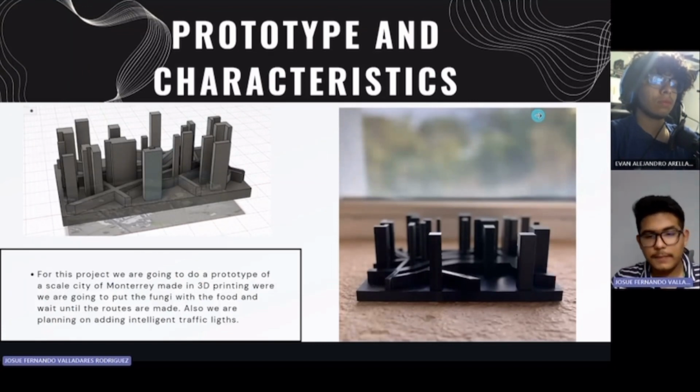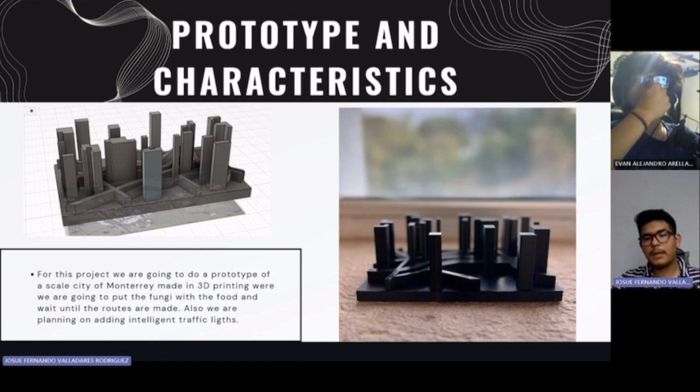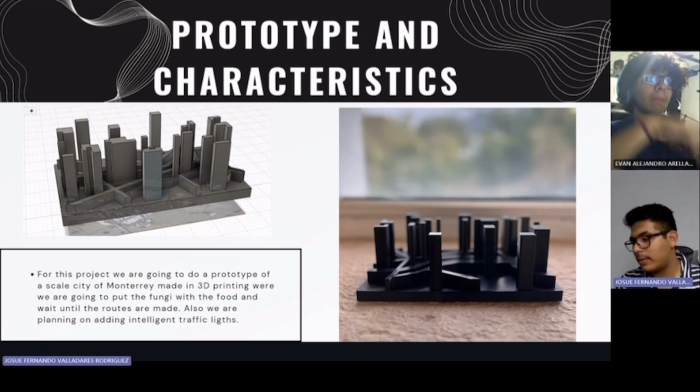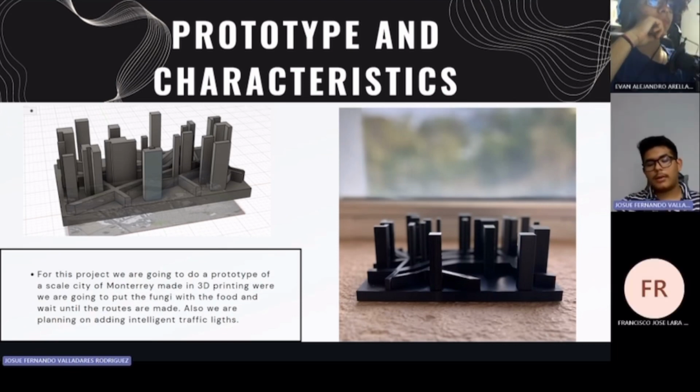So basically, our prototype is this one. It's a scale model of Monterrey with its buildings and streets. Basically, what we are going to do is put a fungus, Polycephalum, on the surface of the scale model.